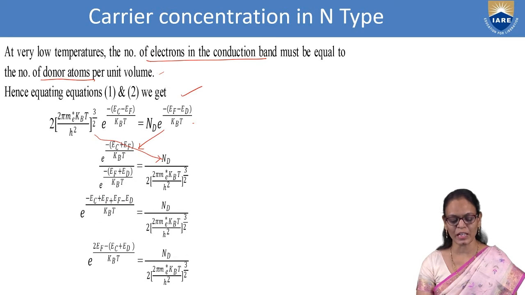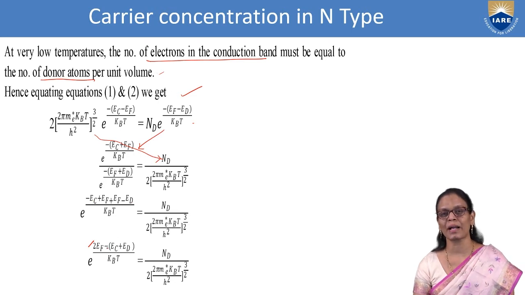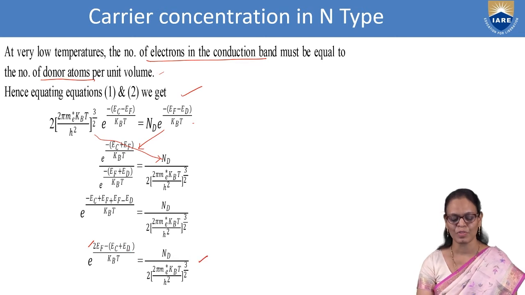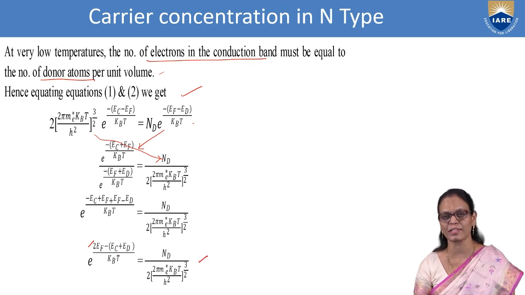So if you are writing Ef plus Ef, you get 2Ef. Minus Ed and minus Ed, we are taking 1 minus common and writing it as Ec plus Ed by kBT. So this is equal to Nd by 2 into (2 pi me kBT by h square) power 3 by 2. This remains as it is. So we have simplified the left hand side.